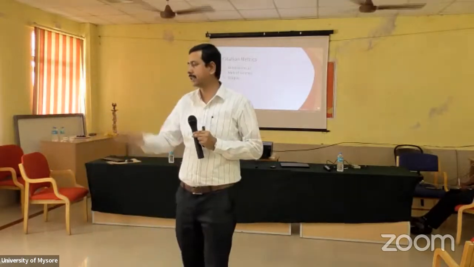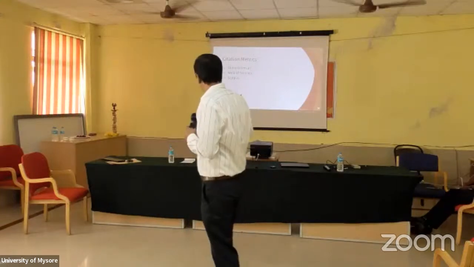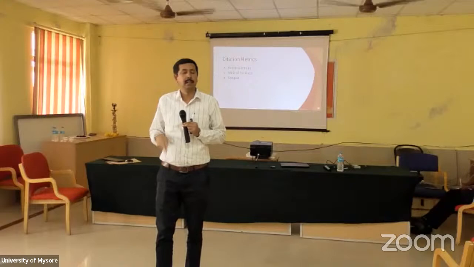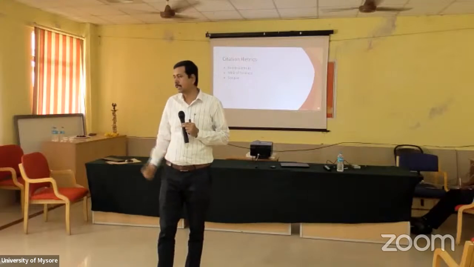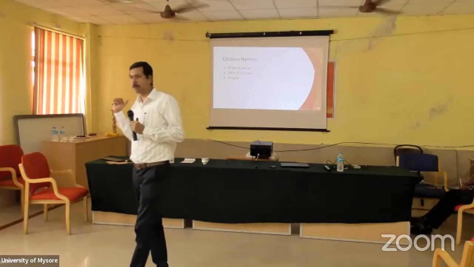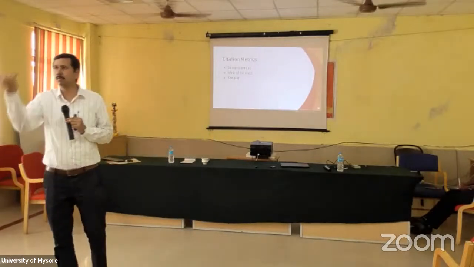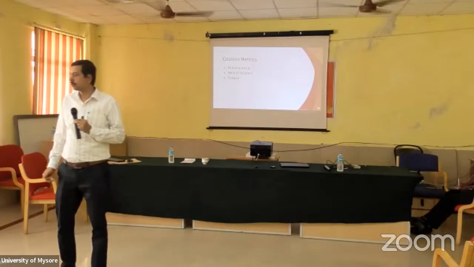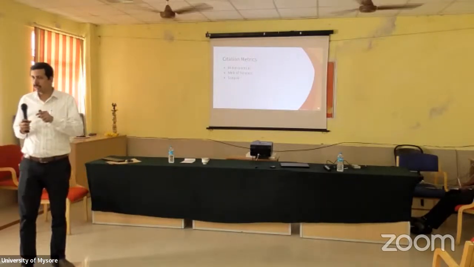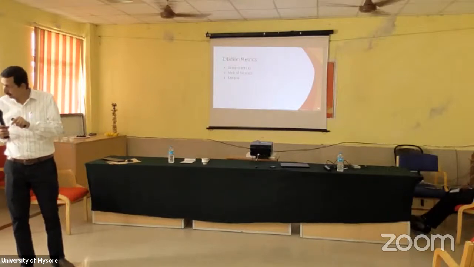Then comes the type of metrics which you already know. In addition to Web of Science and Scopus, I may consider Google Scholar as well. In addition to these, Altmetrics also considers citation impact measured by dimensions.ai. In the later part of my presentation, I'm going to show you dimensions.ai. This is traditional citation impact.